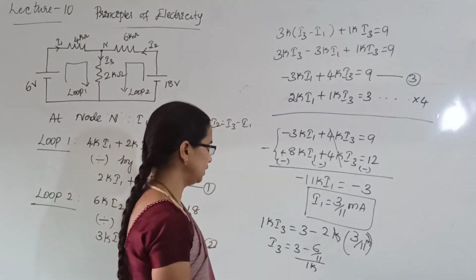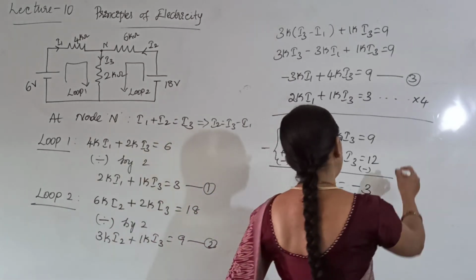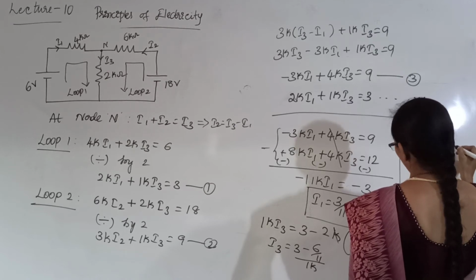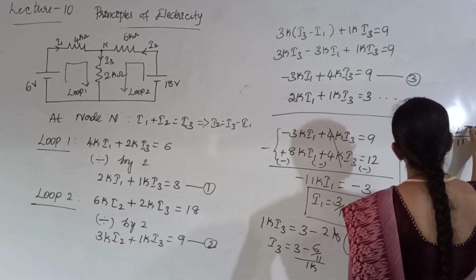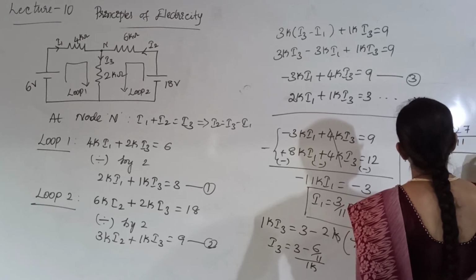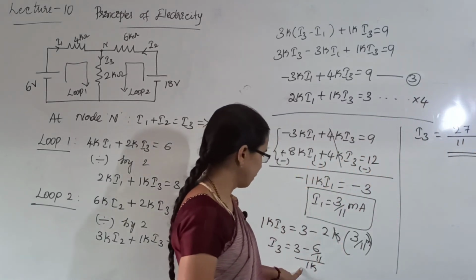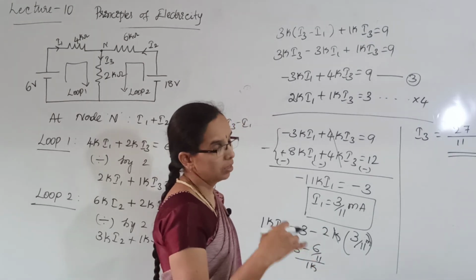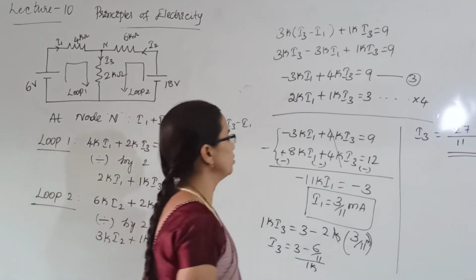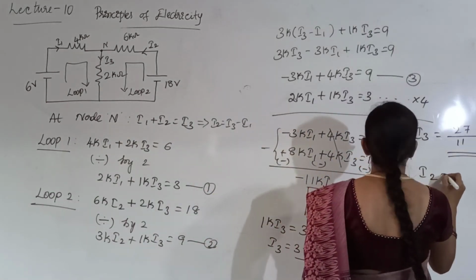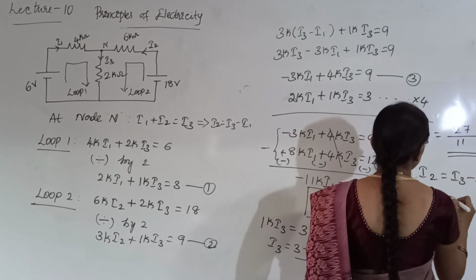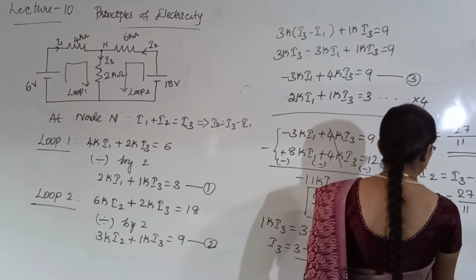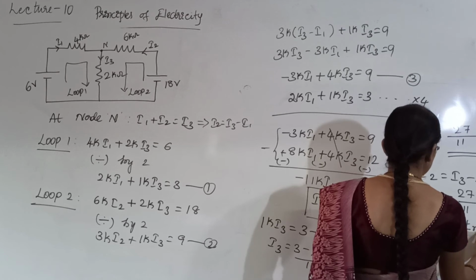Calculate the value of I3: 33 minus 6 it will be 27 by 11, 1 kilo will go upwards, then it is 27 by 11 milliamperes. Then what is the value of I2? I3 minus I1, 27 by 11 minus 3 by 11, I2 will be 24 by 11 milliamperes.